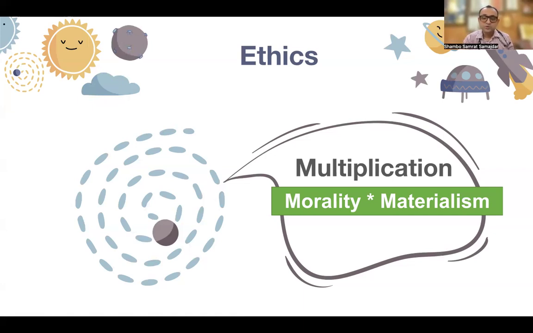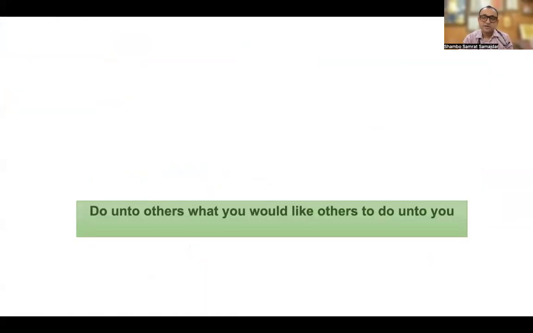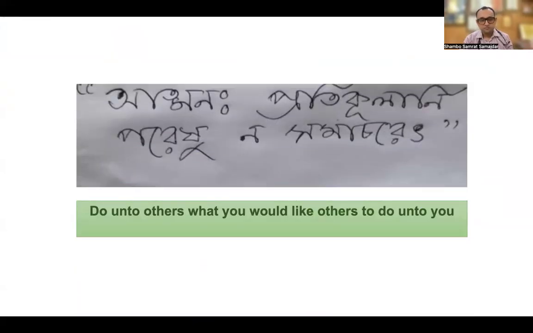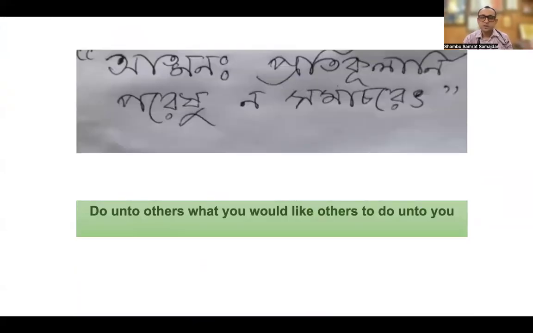I think yes. Vedvyas had written a beautiful sloka, Atmana Pratikulani Pareshuna Samachare. When Yudhishthir asked Vidura how he could be a good king, Vidura told him to follow this principle, Atmana Pratikulani Pareshuna Samachare.